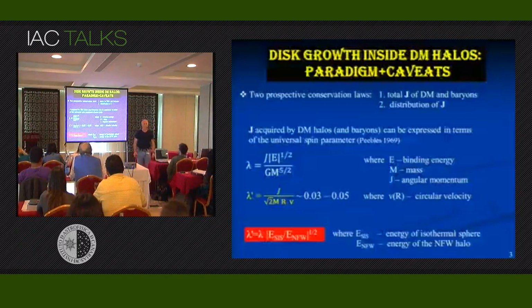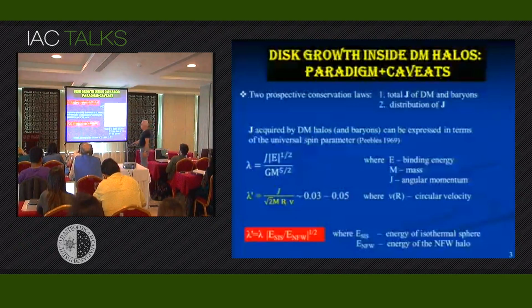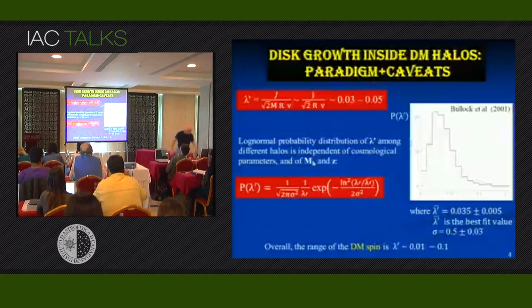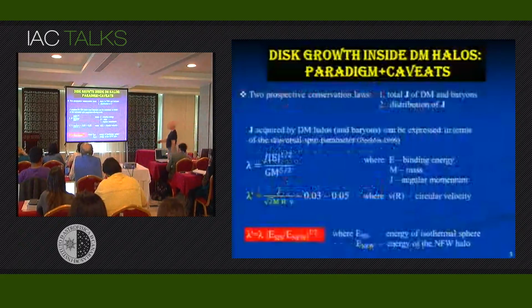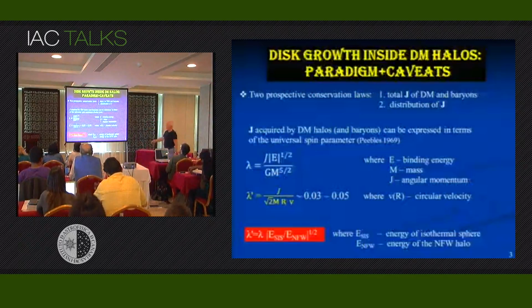However, it is a little bit complex definition. And over the years, an alternative has been proposed, where the total angular momentum remains, the virial mass of the halo remains as well, the size of the halo, the virial radius remains, and V, the circular velocity, which measures the virial temperature of the halo.